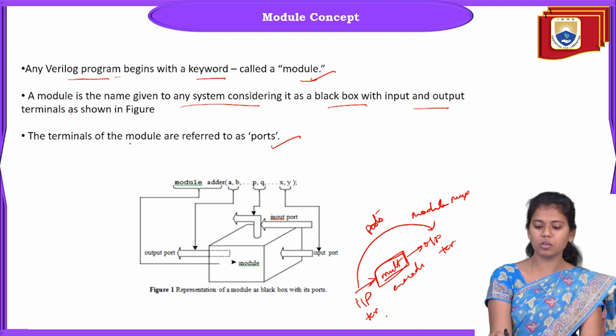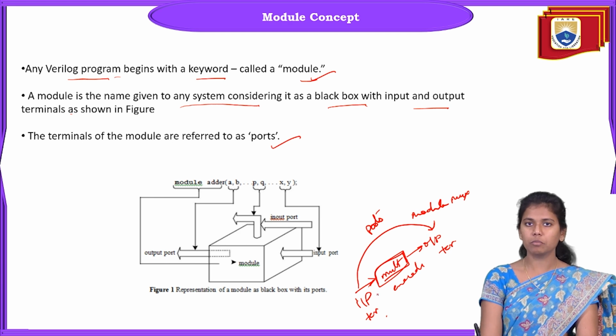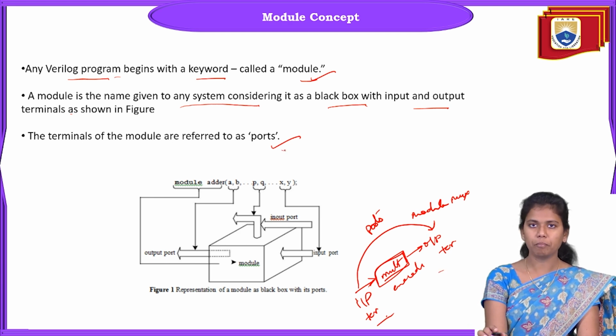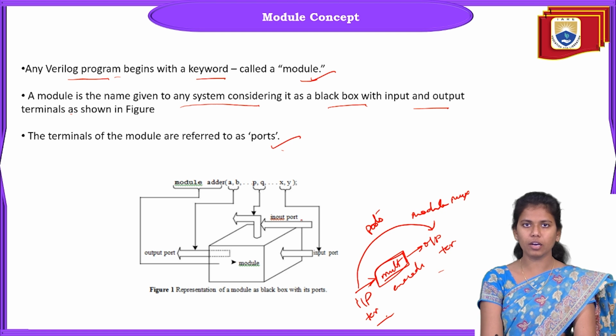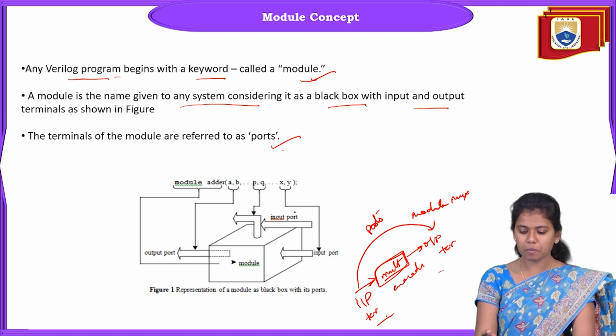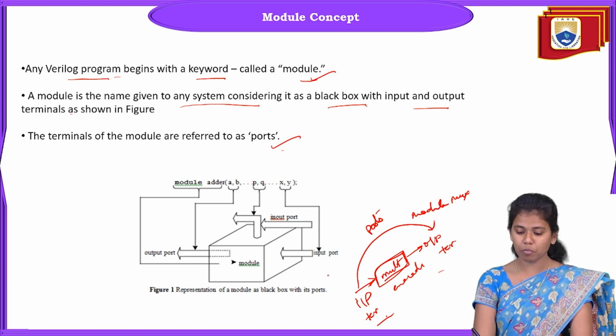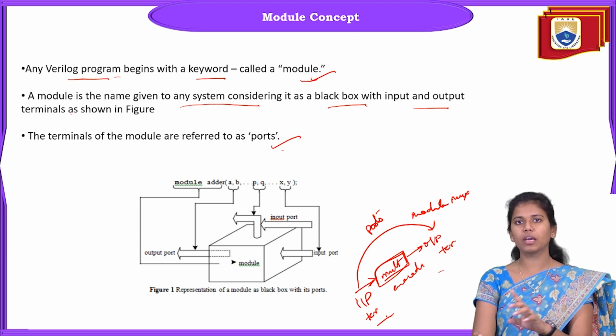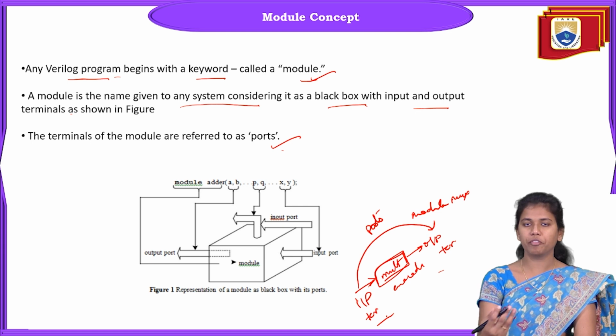So remember, the terminals of the modules are referred to as ports. Coming to the figure, this is a representation of a module as a black box with its ports. As I said, we refer to input and output as input ports and output ports.